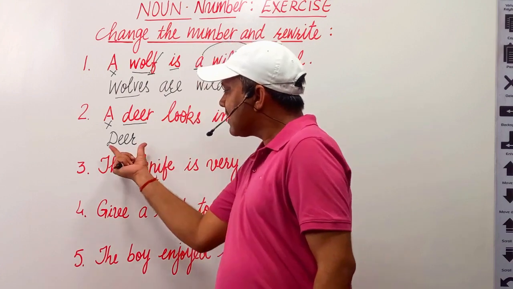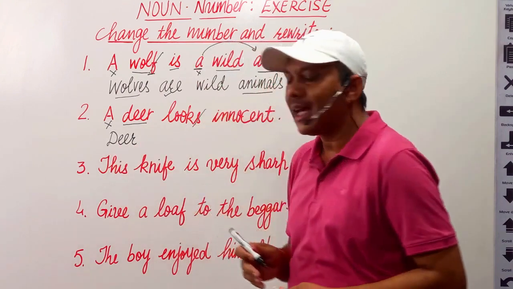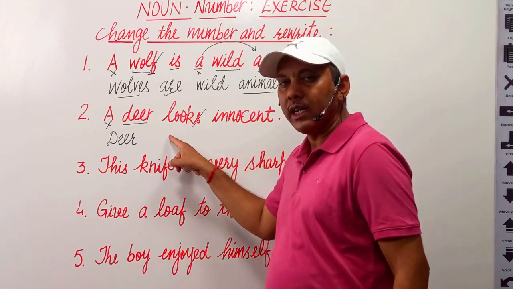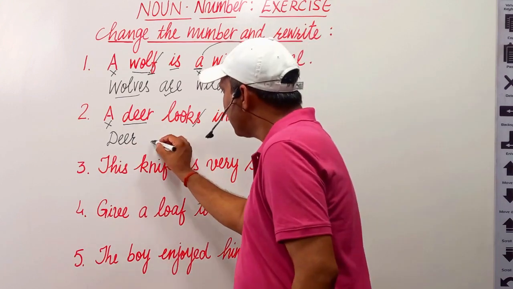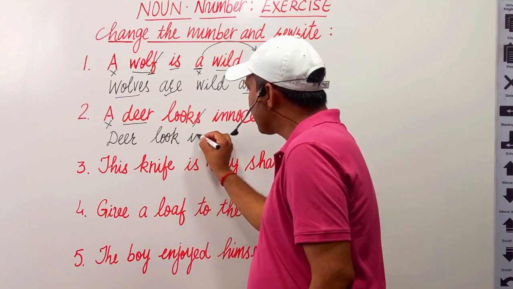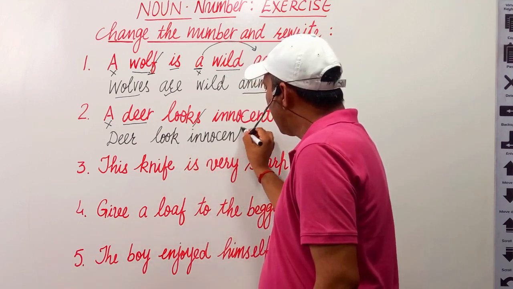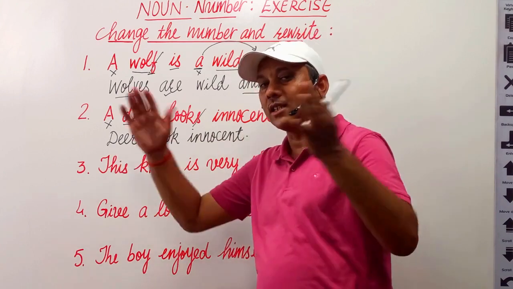And now as this has become a plural noun, we have to remove this s also, because it will become V1 with the plural subject. Deer look innocent. Now it becomes plural, meaning all the deer.